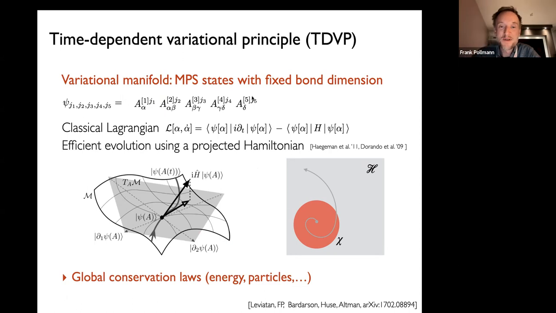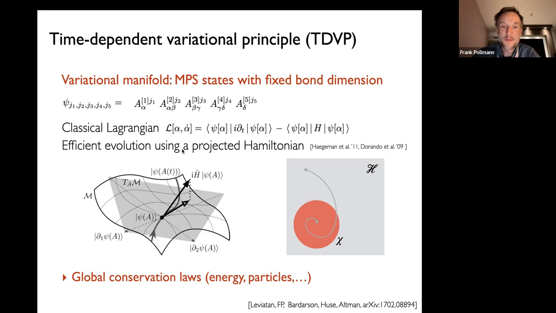As I pointed out, matrix product states are a good way to describe the state at the very beginning. And then the idea was, well, let us follow the following procedure to evolve the state. Basically, what we would like to do is simulate the Hamiltonian dynamics using the time-dependent variational principle.